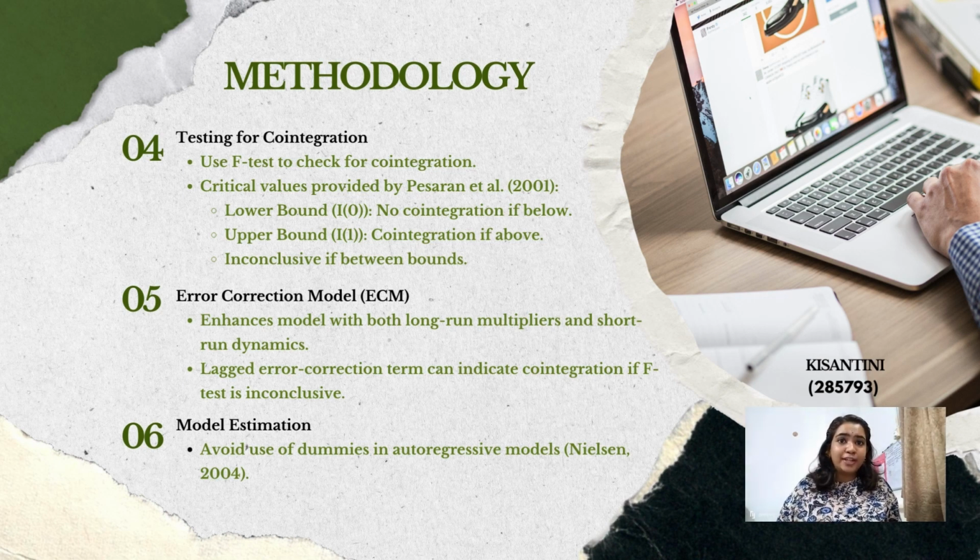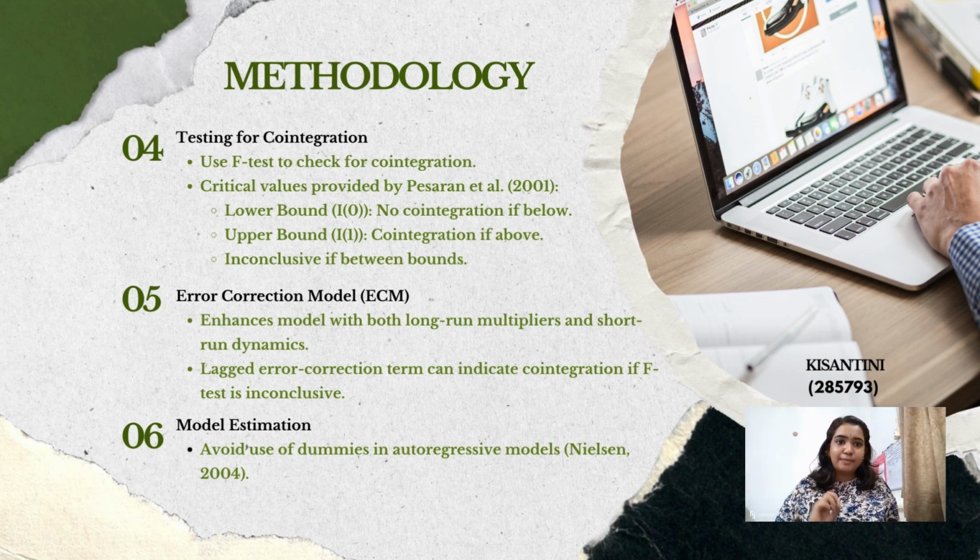Incorporating an error correction model, or ECM, enhances our models by capturing both the long-run multipliers and short-run dynamics. Even if the F-test is inconclusive, a significant lagged error correction term can indicate co-integration, providing a more reliable measure.